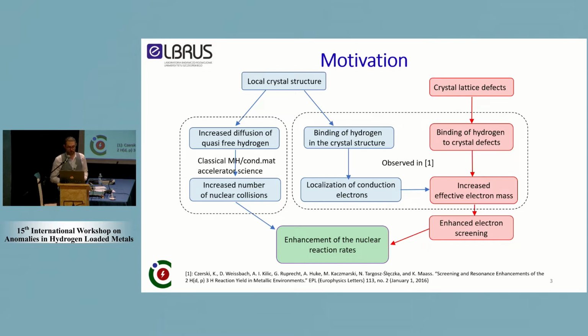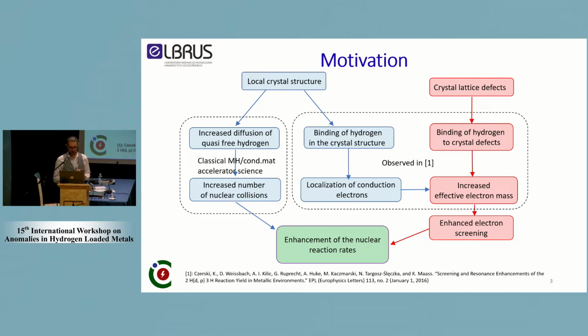observations that have been done, one of the greatest observations relates to the increased effective electron mass. This is very central to the evolution of the theory that Konrad Czerski and his team are building. The analysis was very difficult to make, and we can assess that this is coming from two aspects.